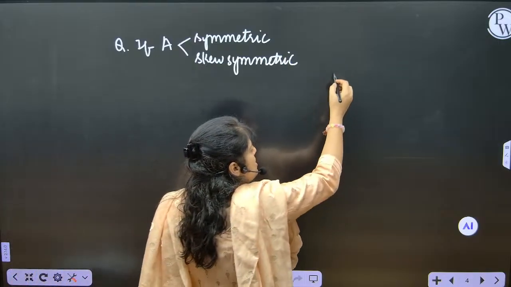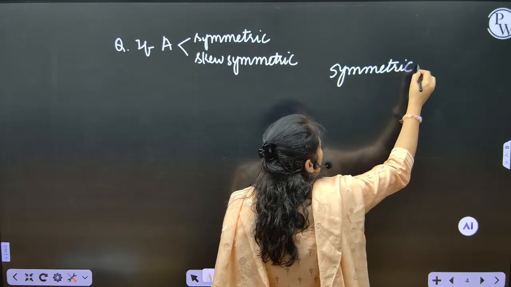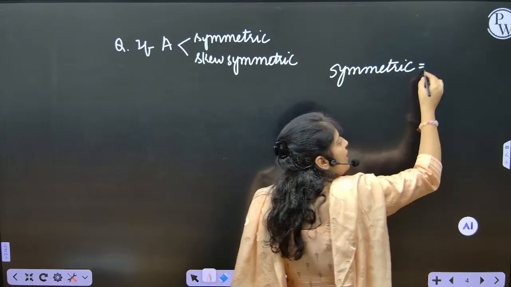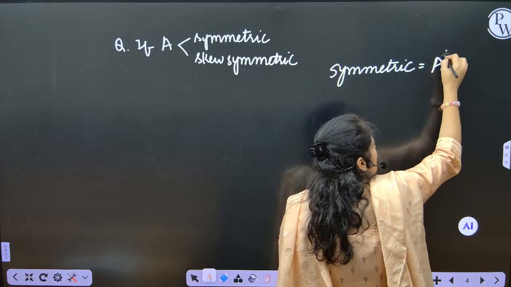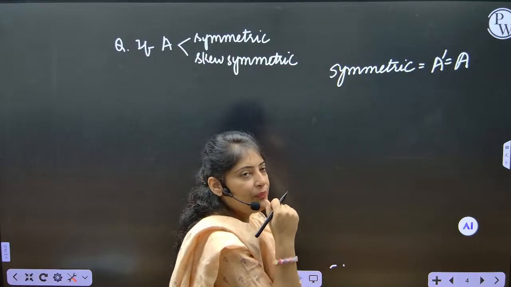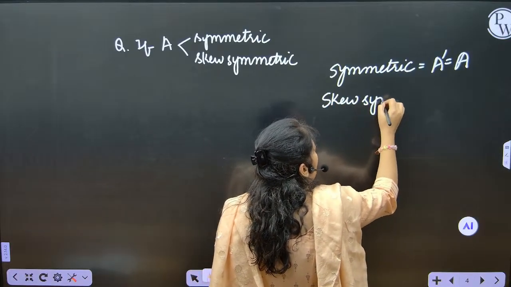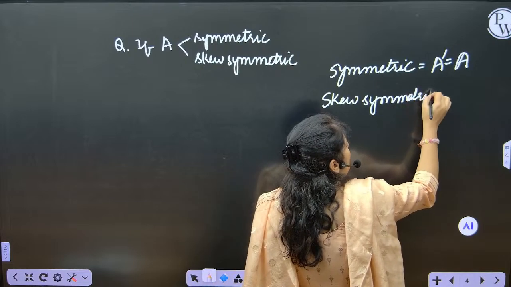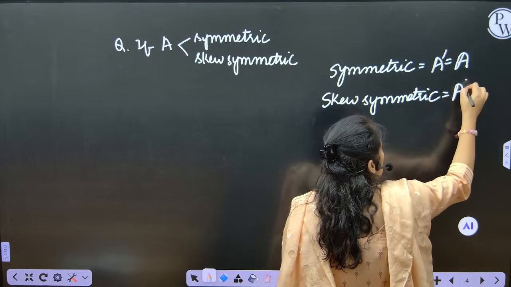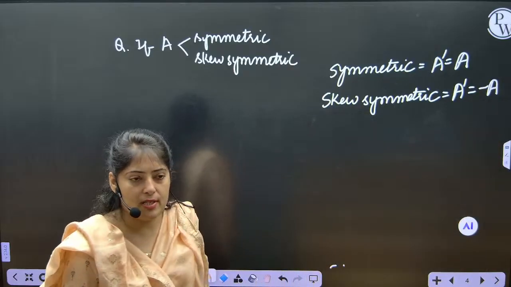I am writing the symmetric matrix rule. Symmetric means A transpose should be equal to the original matrix A only. And skew symmetric means A transpose is nothing but the negative of the original matrix.